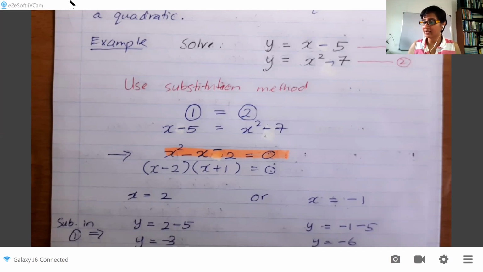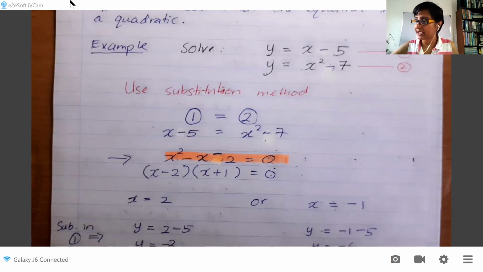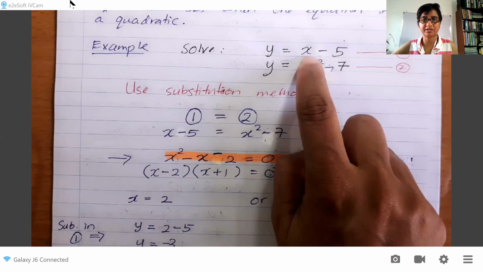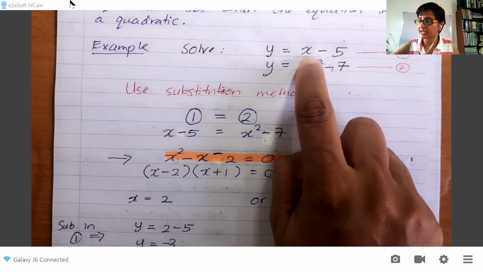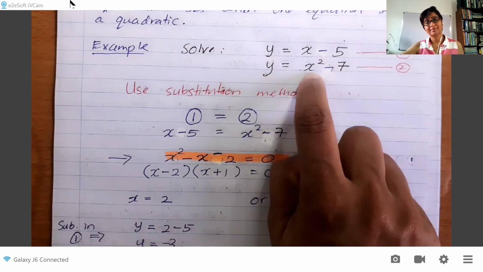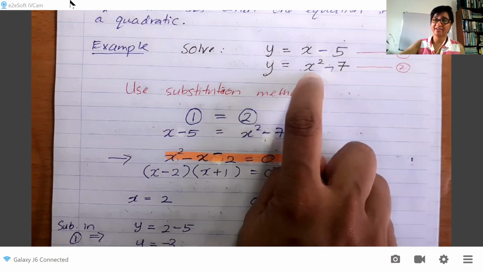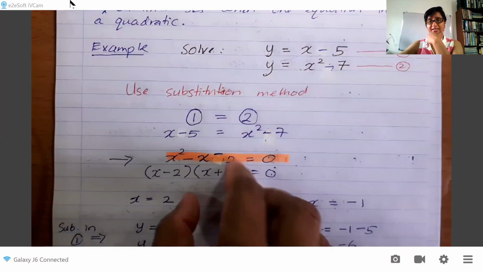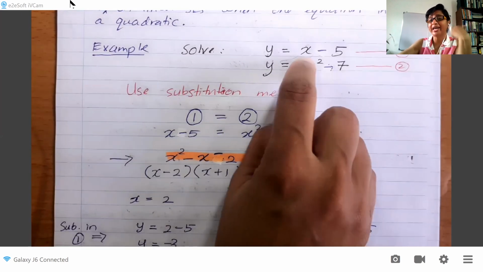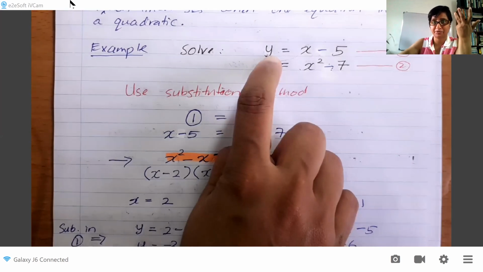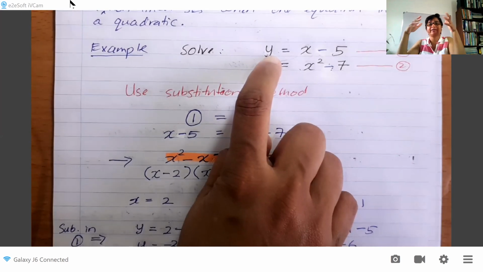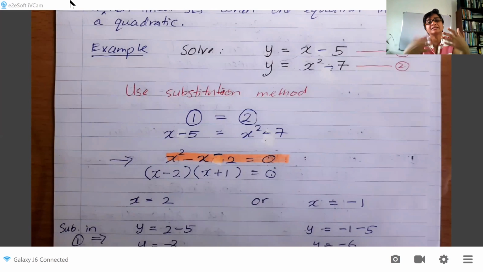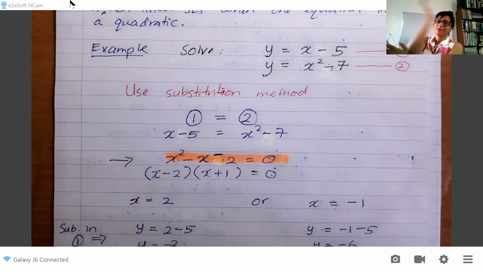Aisha is asking whether you can't make X the subject in the first equation and substitute that in the second equation for X? Can do. But you will see that's harder. Why do you want to make X the subject? You already have Y made into the subject. It's already given to you with Y as the subject. Why do you go and change it to a different subject?